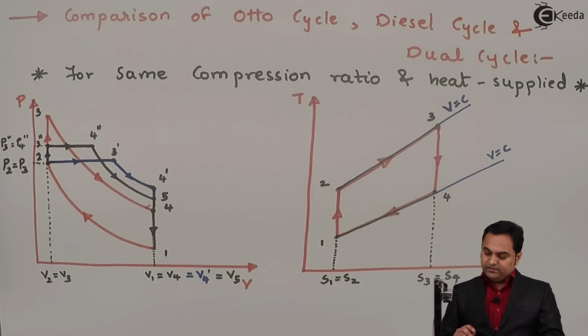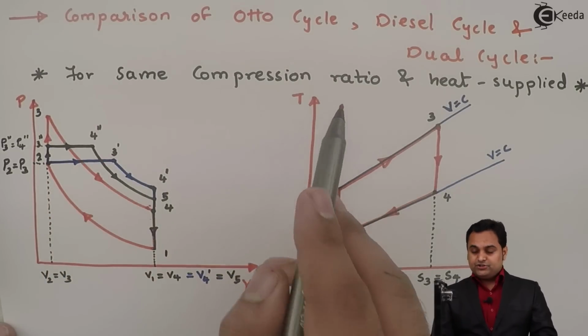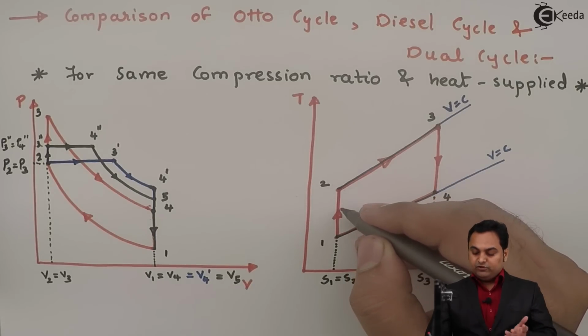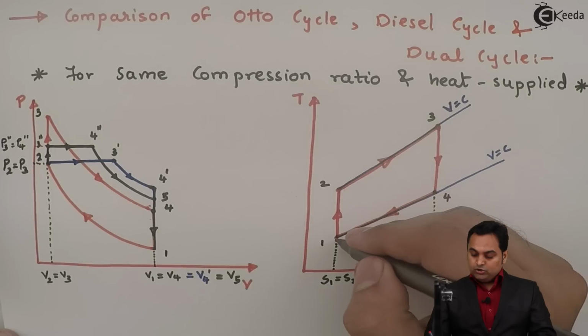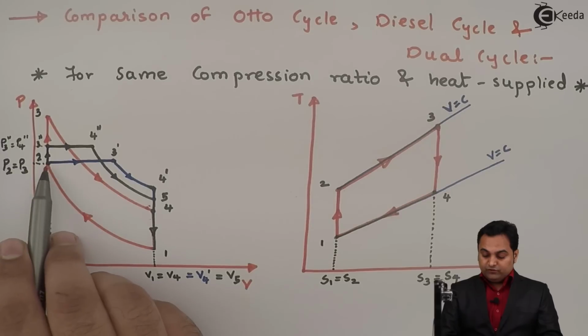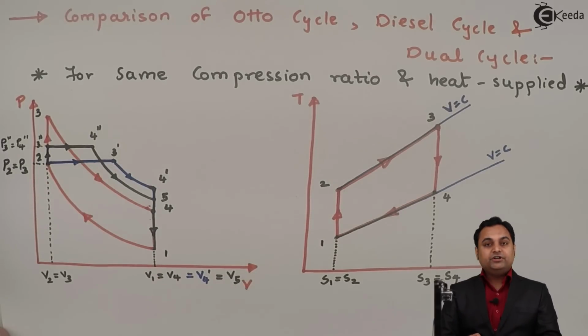In diesel cycle, here it is mentioned that for same compression ratio, it means the compression ratio from 1 to 2, the process would be same for Otto cycle, for diesel, and even for dual cycle. So 1 to 2 will remain constant, isentropic compression. Next, the process 2 to 3 for diesel cycle, it is constant pressure heat addition.